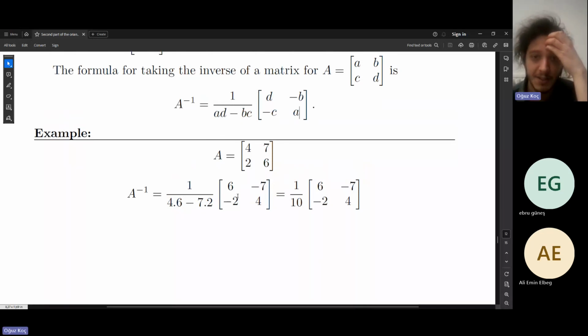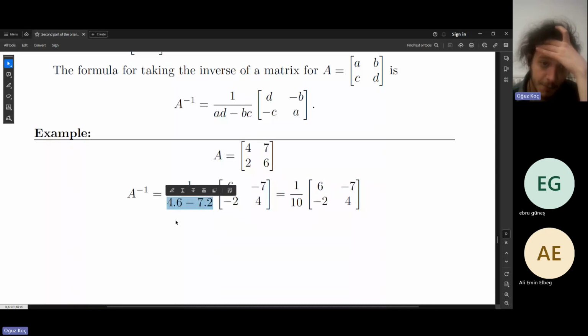And then we just need to change the positions of the diagonal values, so 4 changes position with 6, and then we get 6 and 4, and then we multiply the other elements by -1, and we get this matrix here.